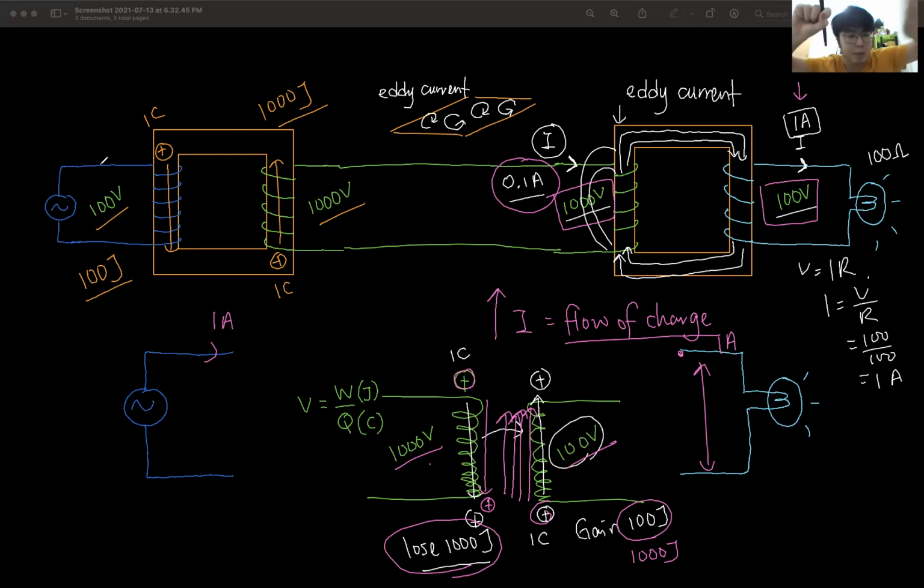The charge on the left side must flow 10 times faster, so the charge here moves slower than the charge in the primary coil. That's why the current decreases, because current is just the flow of charge. The faster the flow, the higher the current.